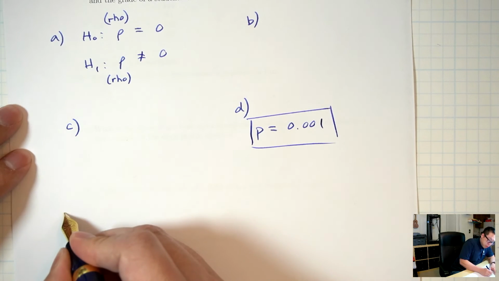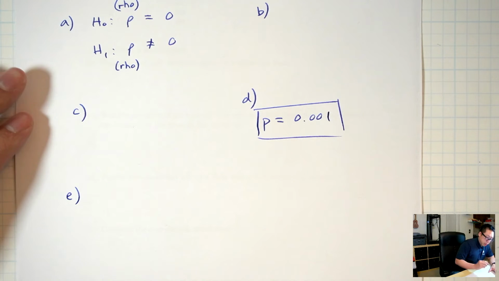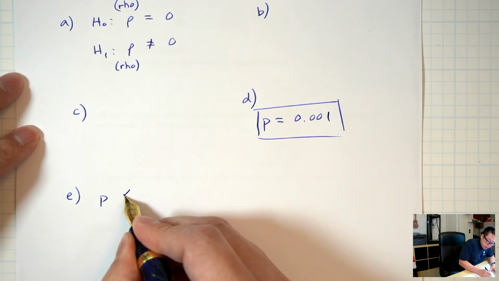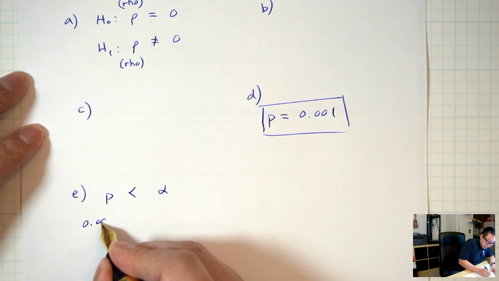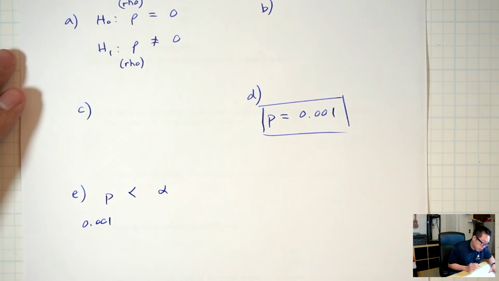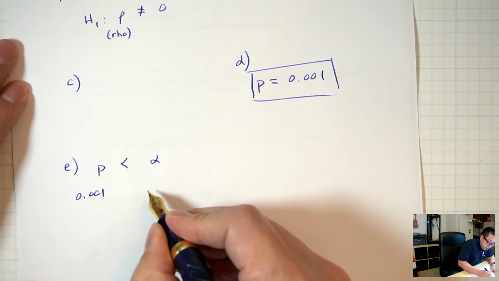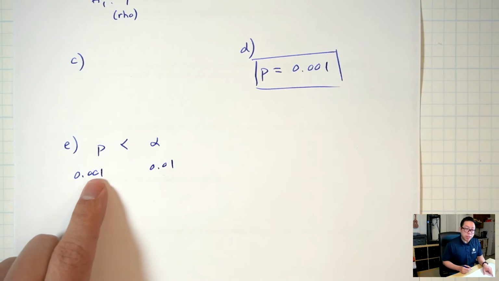And then part E we'll do, which is reject or don't reject H0. Same thing as before. We're going to look at our p-value and compare it with our alpha and see if it's less than. Our p-value is 0.001. Our alpha in this case was 0.01. Question is, is the p-value less than the alpha?